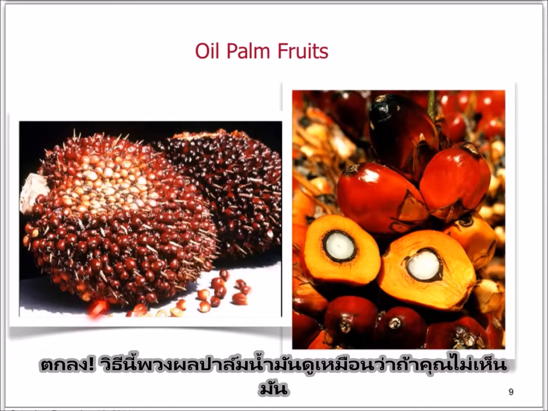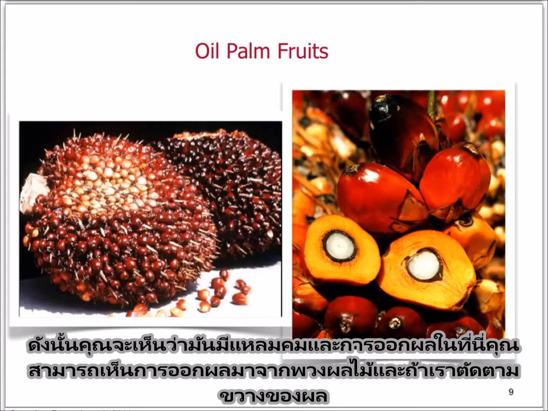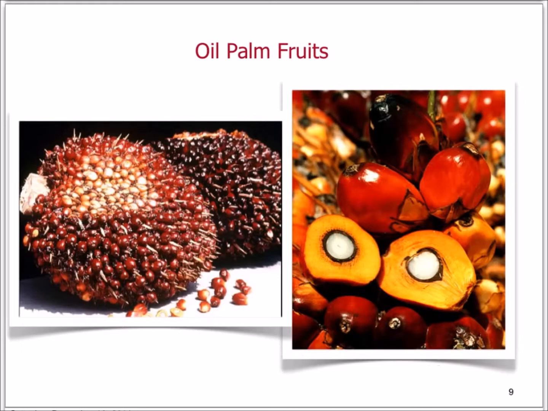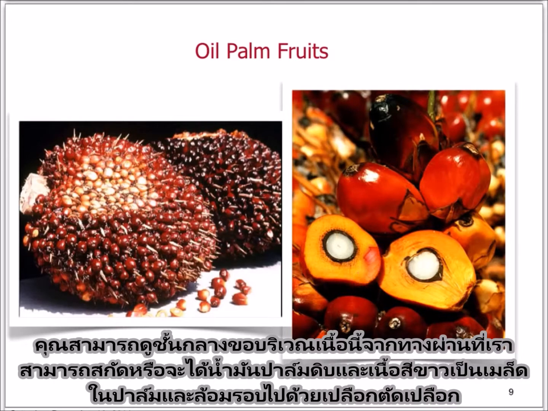Okay, this is how the oil palm fruit bunch looks like if you have not seen one. So you can see there's a sharp thorn there, and it's the fruitlets. Down here you can see the fruitlets been stripped out or come out from the fruit bunch. And if we take a cross section of the fruitlets, you can see this mesocarp or the flesh area.